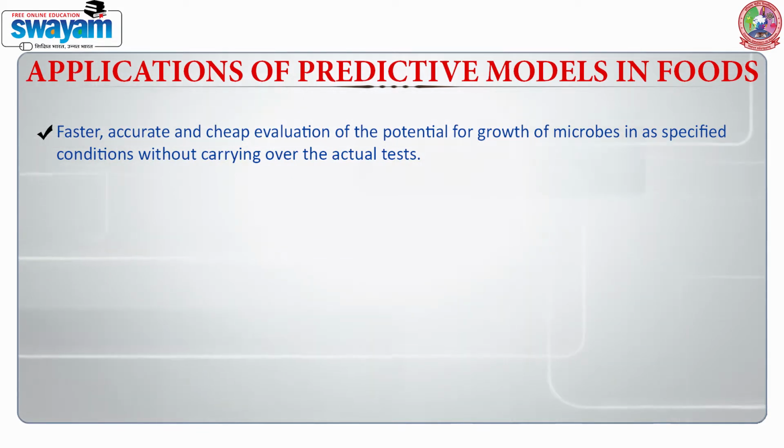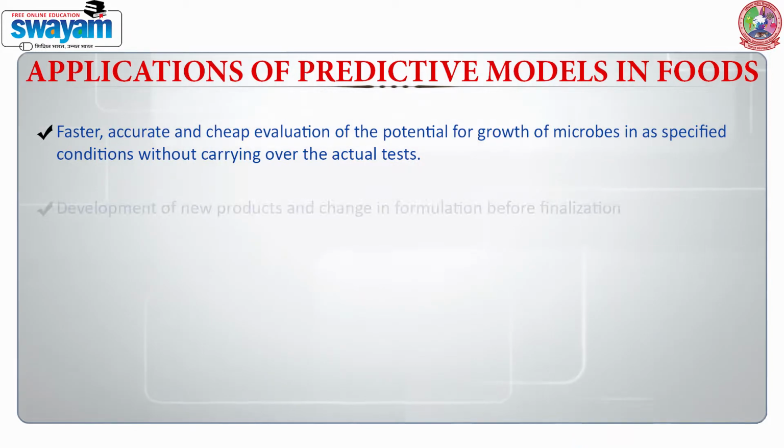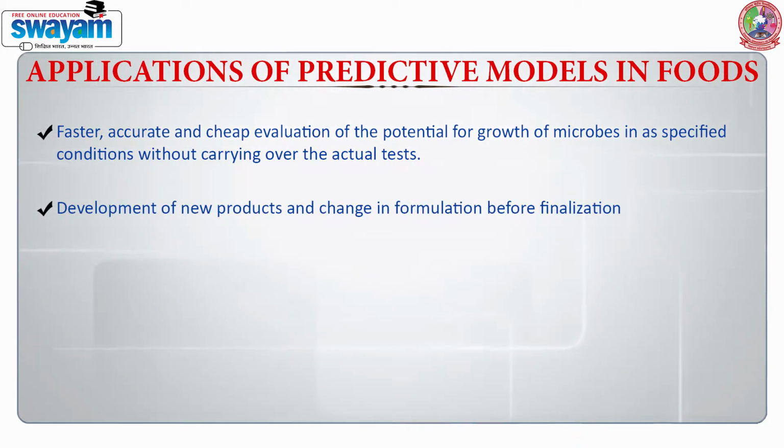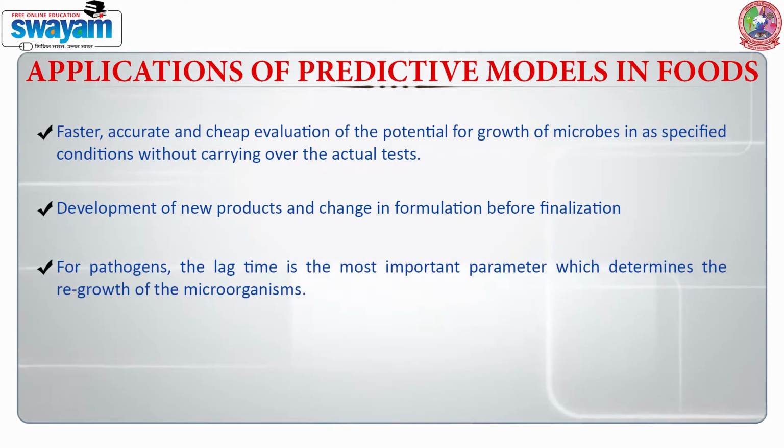Then we talk about these models. They can be applied for the development of new products and any change in the formulation before finalization. For pathogens, these models are very effective because the lag time is the most important parameter which determines the regrowth of the microorganisms.